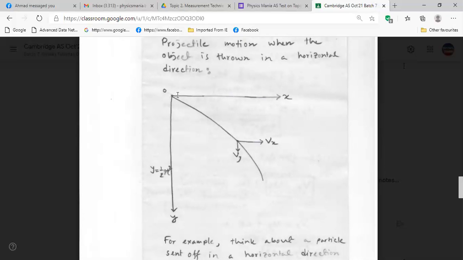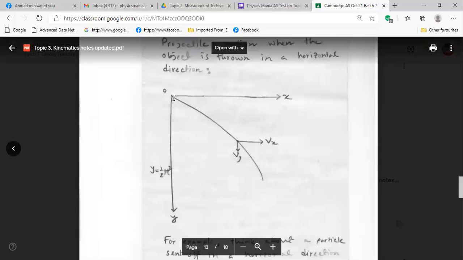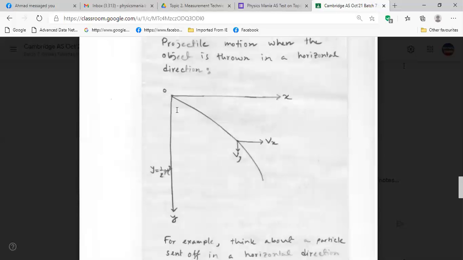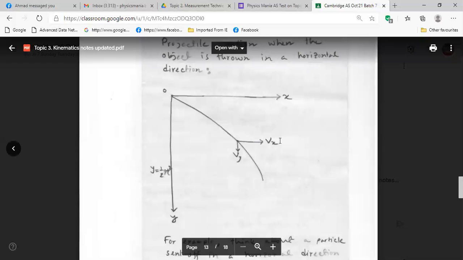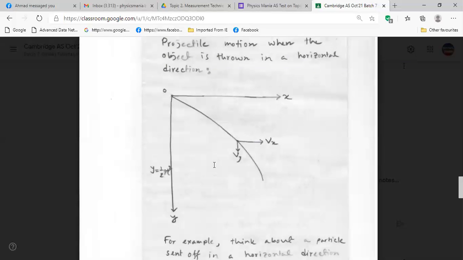That's why this object will have two components of velocity. One is working downwards, that is Vy, and another one is Vx. At the beginning we have Ux, Uy, and after time t, it is Vx, Vy. Is it clear?